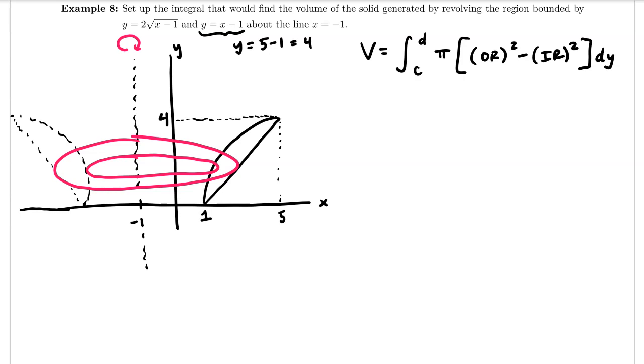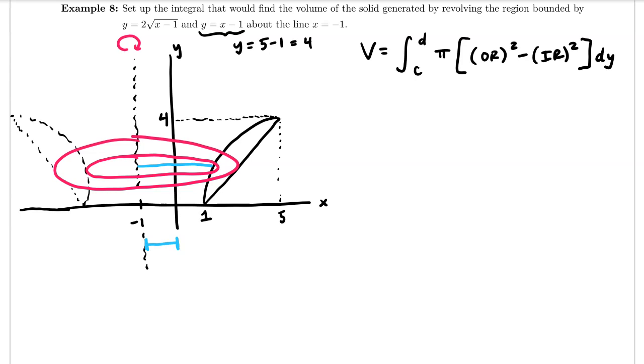So we need donuts or washers. So let's go ahead and think about our inner and outer radius in our picture here.